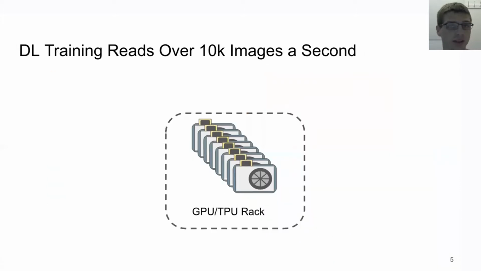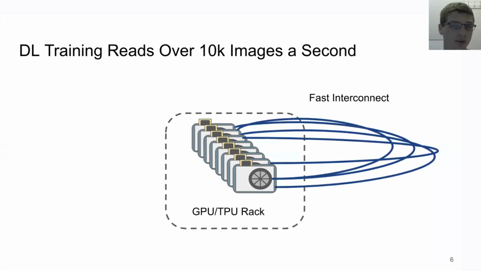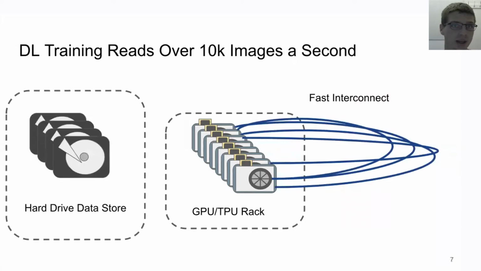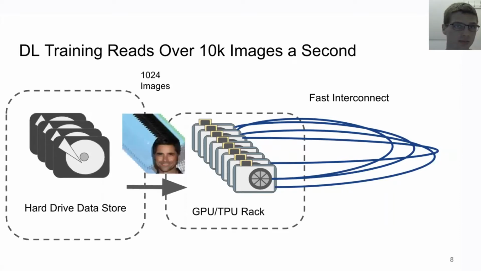To understand why data loading can be expensive, I'll provide an overview of how training is often performed. To start, you get 8 accelerators, such as GPUs or TPUs. You connect them with a fast interconnect, and you mount a large capacity-oriented data source, which is backed by hard drives. The accelerator consumes a combined total of 1,024 images in a single training step.